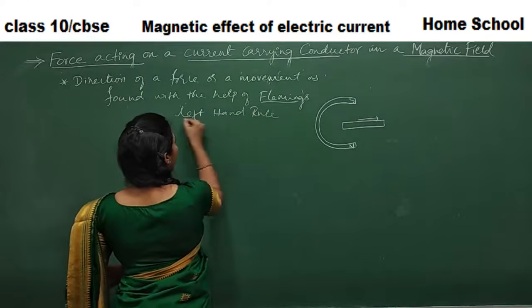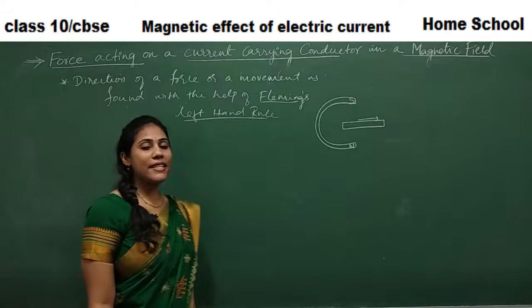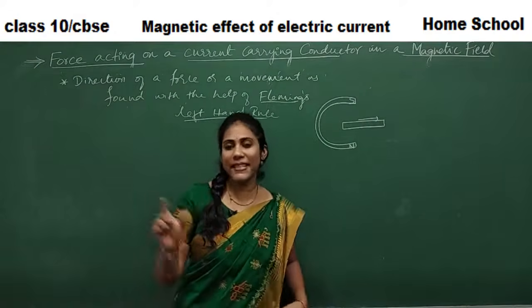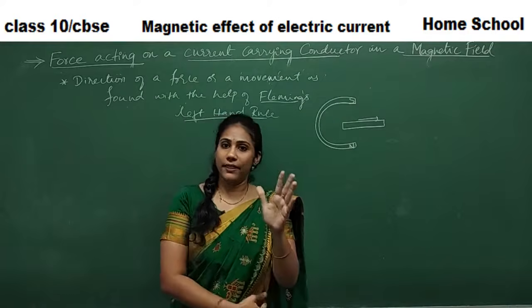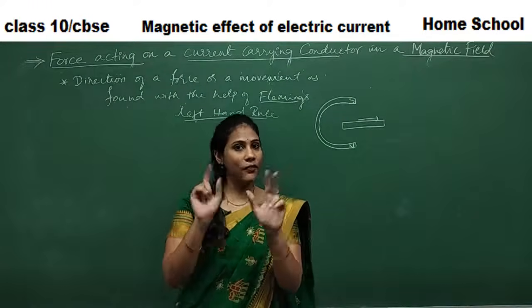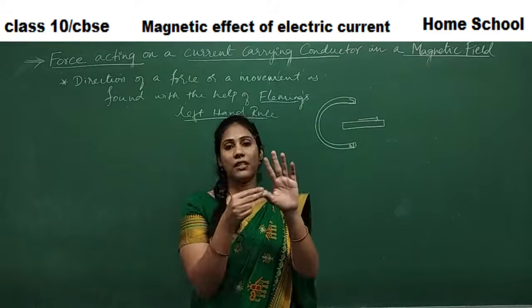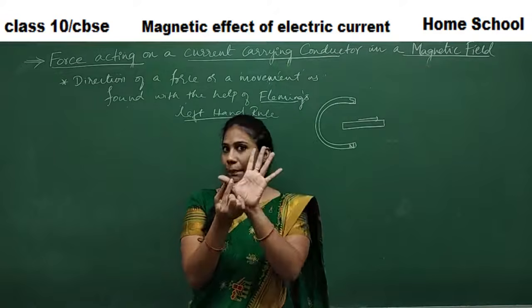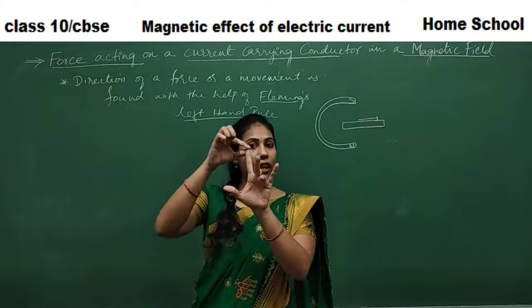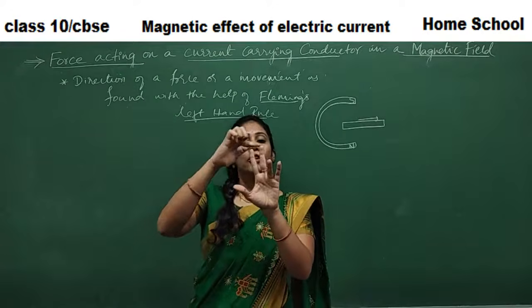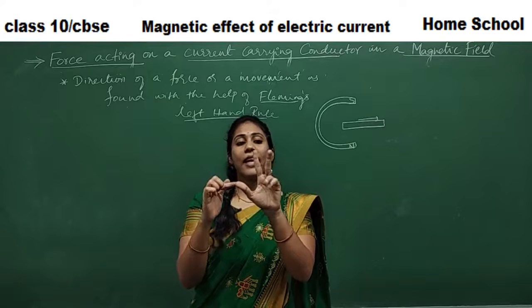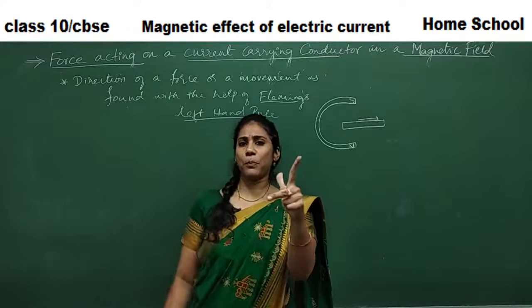And now, what do you mean by this Fleming's left hand rule? It's very simple. Try to understand. Take your left hand. Here are the three fingers you have to use, the first three fingers. Thumb, this is called index finger, and this is middle finger or ring finger. Only we will use these three fingers, and stretch them as much as possible.